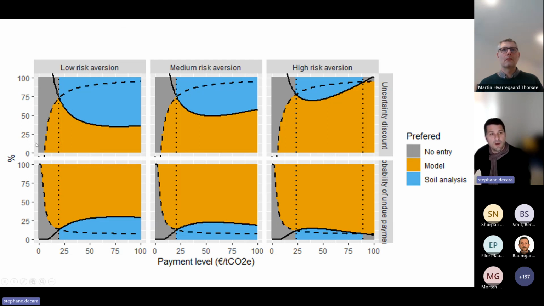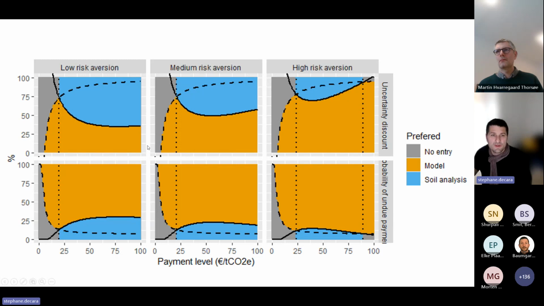But here on the y-axis, you have the level of the uncertainty discount factor. So the higher the uncertainty discount, the lower is the incentive to go for an activity-based scheme.